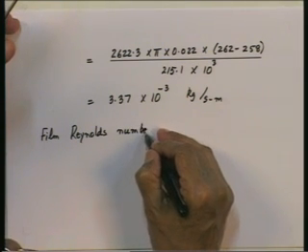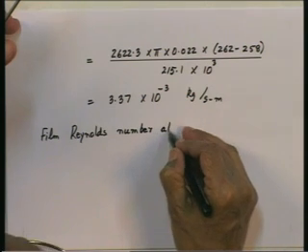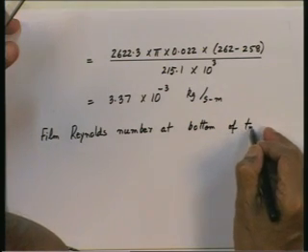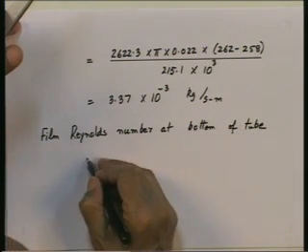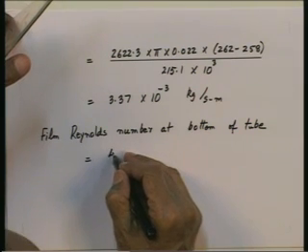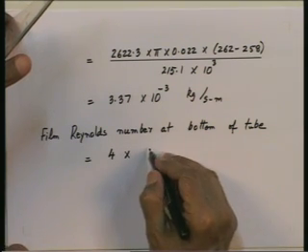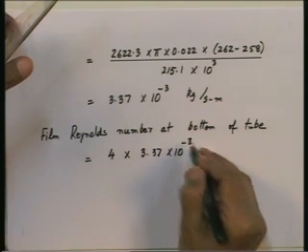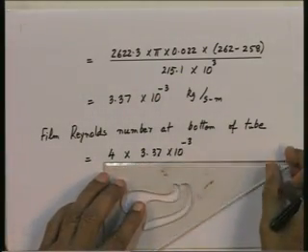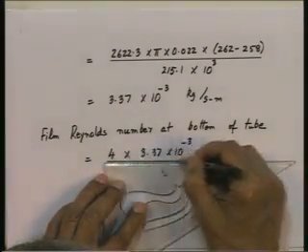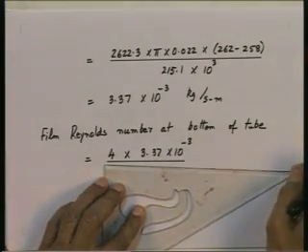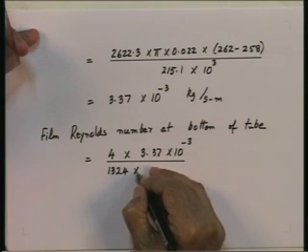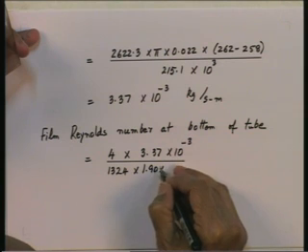So, film Reynolds number at the bottom of the tube is equal to 4 multiplied by m dot by L, that is 3.37 into 10 to the minus 3, divided by the viscosity mu, which is 1324 multiplied by 1.90 into 10 to the minus 7.